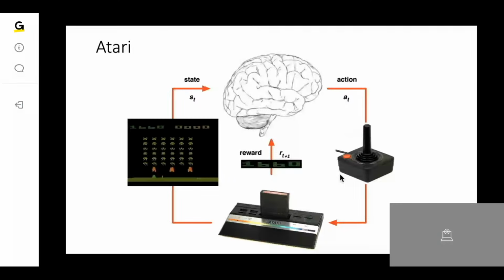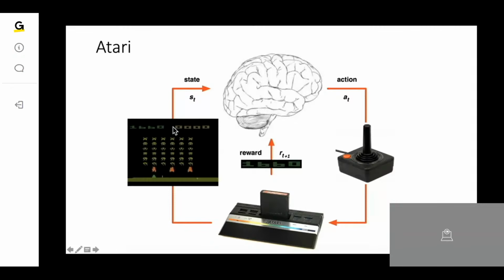This is the same setup that we saw in the beginning on how an agent interacts with an environment. Only here, the agent has been replaced by this entity, which let's assume is again an RL agent, a deep RL agent, which is trying to learn how to behave optimally in this game playing setup. It is interacting continuously with this environment, which is the Atari console.